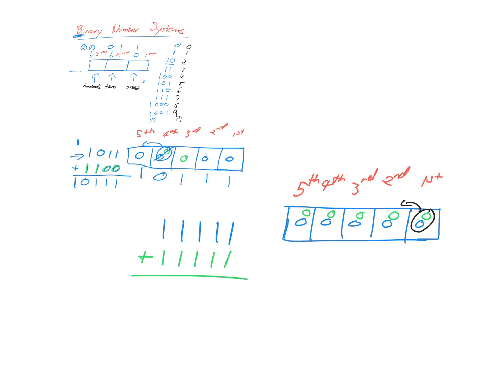This gets represented as 1 dot in the next one. Think of it as if you had, in the decimal system, 5 plus 5. Well, 5 plus 5, we don't have a number larger than 9 to fit in one of the place values. So it becomes a 1 in the next place value, and we have 0 left over here. So 5 plus 5 represents what we call 10.